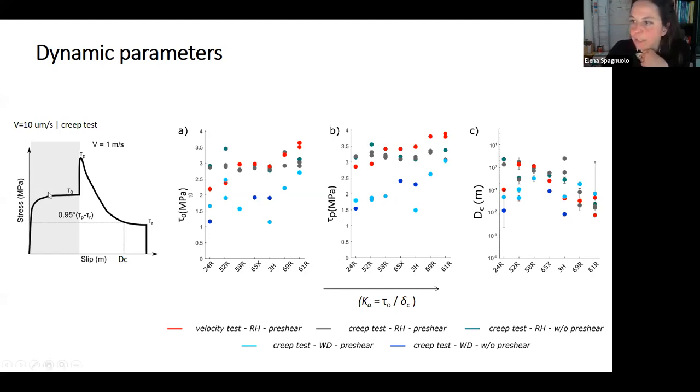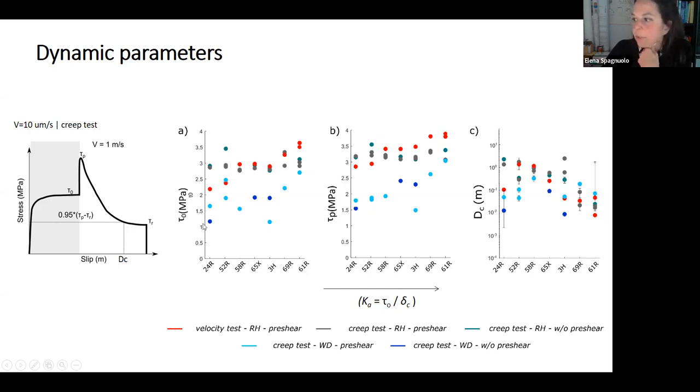This is the initial shear stress, which is quite high in all the conditions except for the water. This is 3 MPa. These were results run for a normal stress of 5 MPa. That means 0.6 more or less of friction. So that means that the strength of this material was quite large, quite high. The peak in shear stress as well was high.